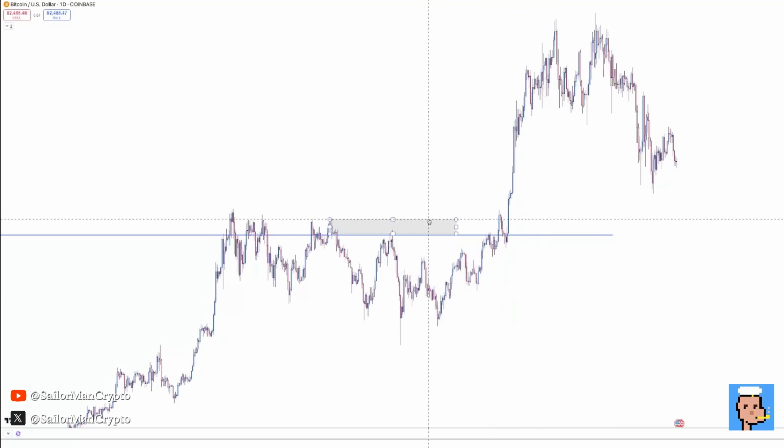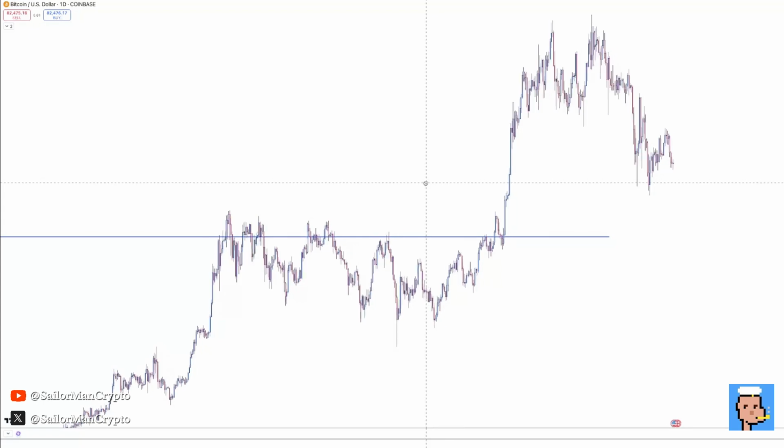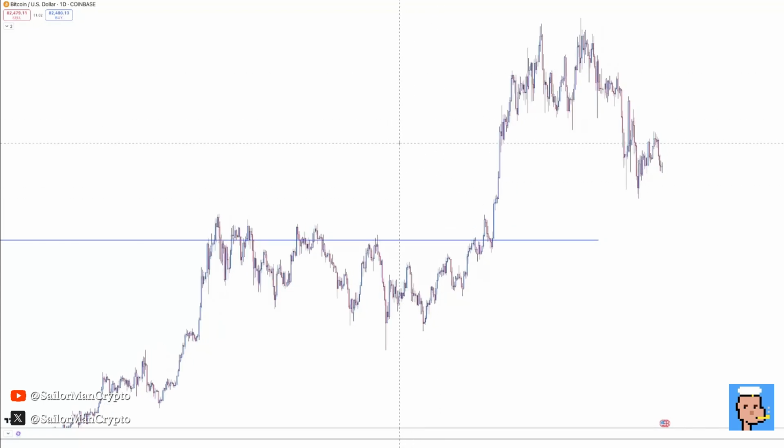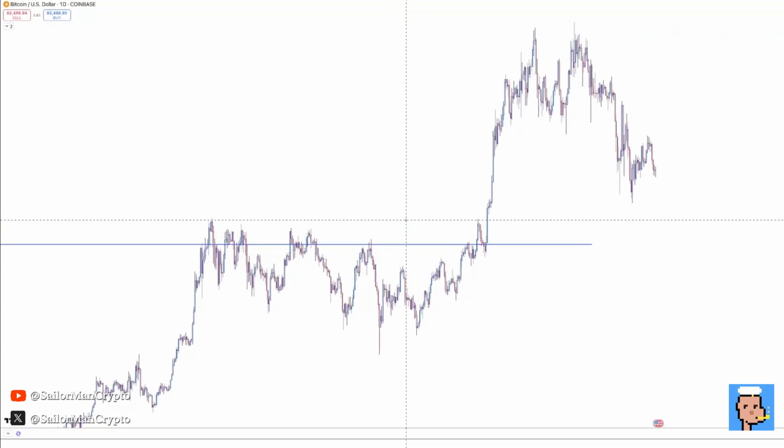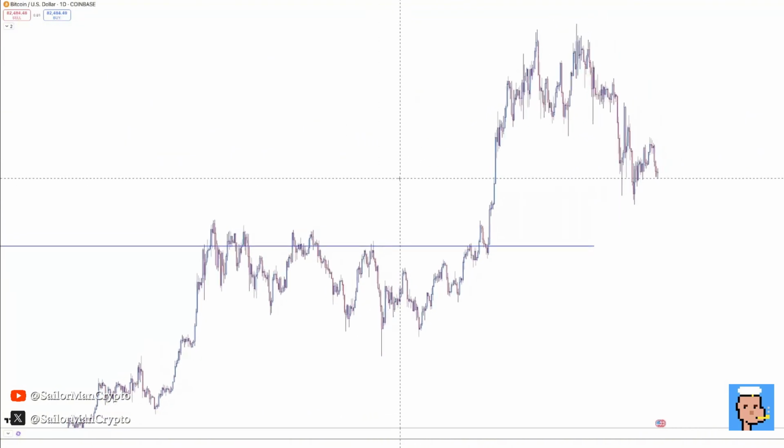So once we select the area where we want to look for a possible reversal, there are factors that we want to see happening. And there are two indicators plus the application of market structure concepts.